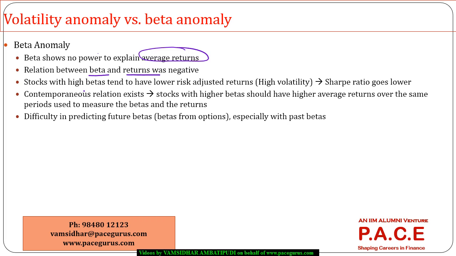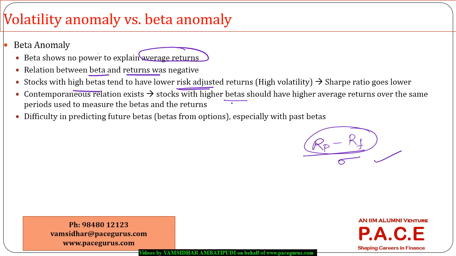So the stocks that had high betas had lower risk adjusted returns. Because of that, their Sharpe ratio, Rp minus Rf by sigma, is lower, which means the overall Sharpe ratio has gone much lesser. So a contemporaneous relationship exists.